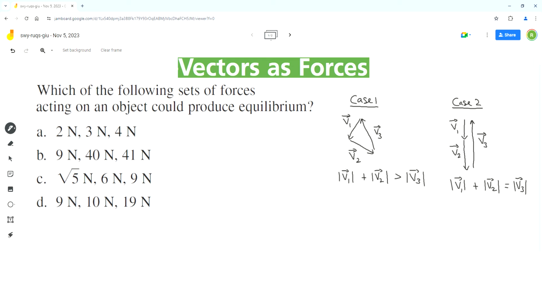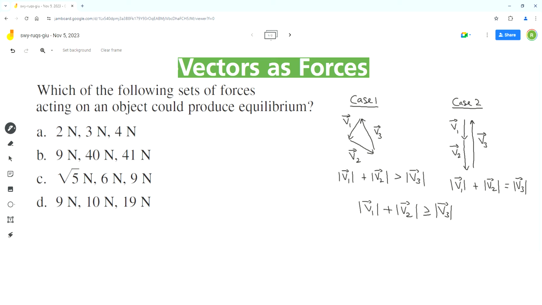So if this inequality is satisfied by the magnitude of the forces, that means the three forces can produce equilibrium. And in this case, V1 and V2 represent the two smallest forces in the set.